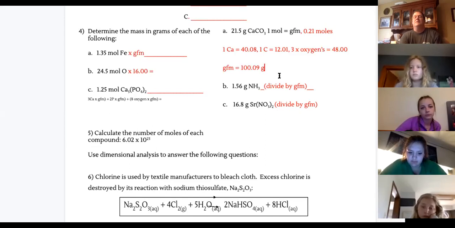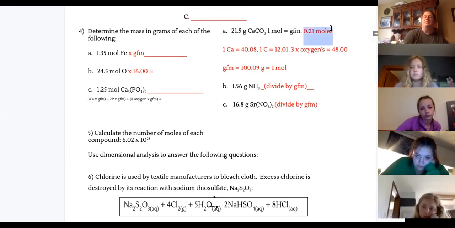Okay. So we know that 100.09 grams would be equal to 1 mole of it. If I have 21.25, all you'd have to do is take that 21.25 and divide by 100.09. And yes, you should get, I believe, that number, 0.21.